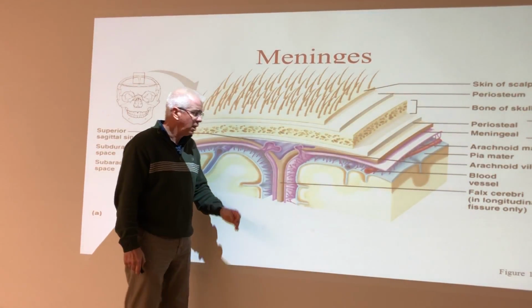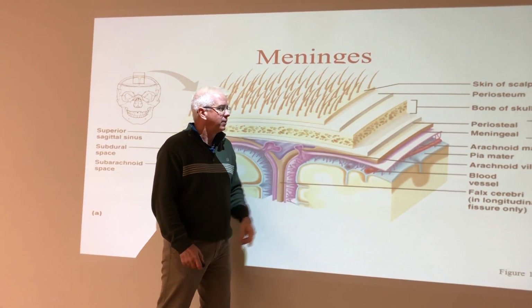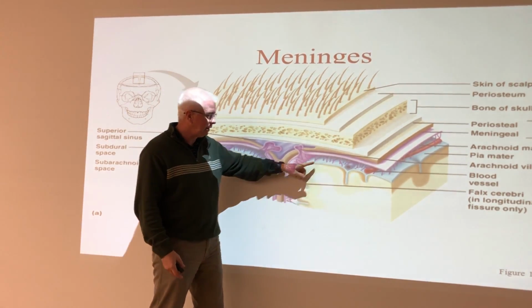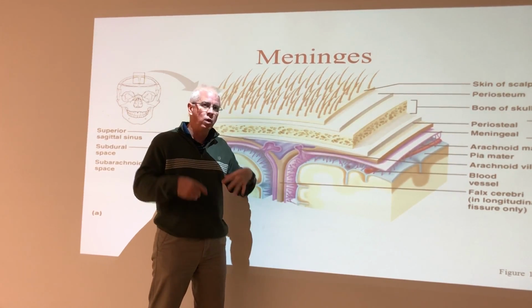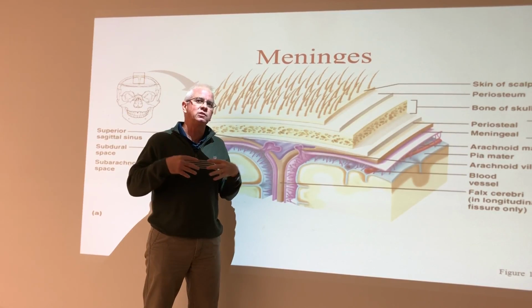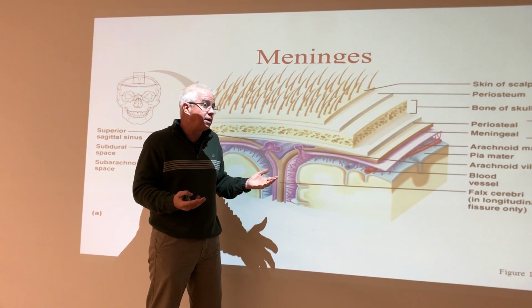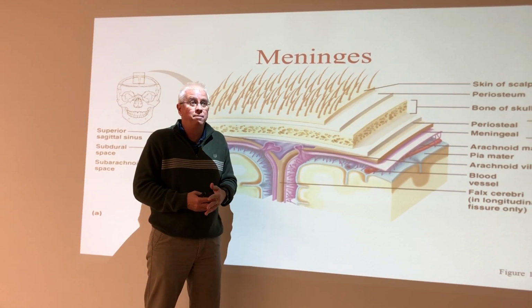Now, the next layer of meninges is called the arachnoid mater. And if you're thinking spiders, then you're doing well, because you can see that there is a gap deep to the arachnoid mater where there are spider web looking extensions down to the surface of the brain. So that's where the name comes from. The anatomist looked at that and thought it looks like a spider web.